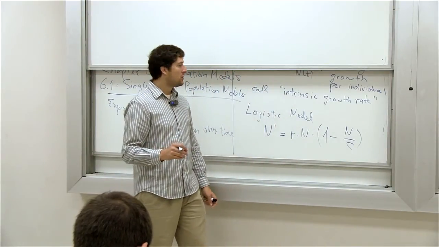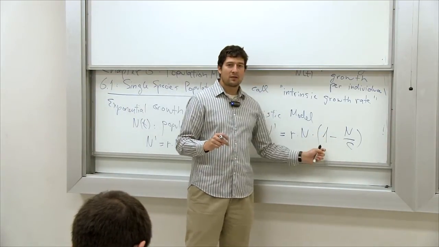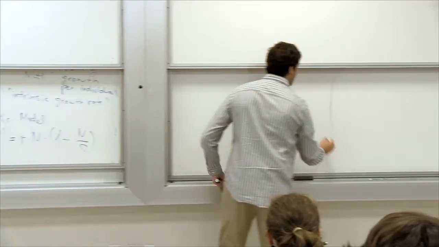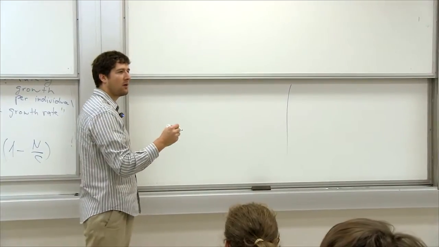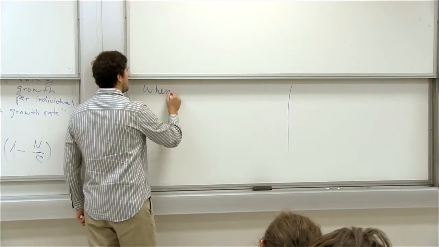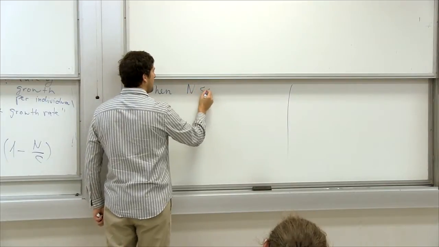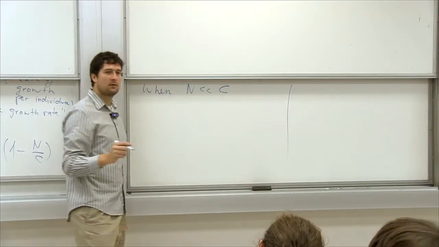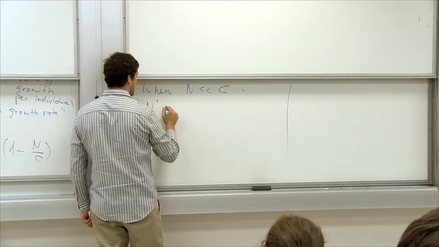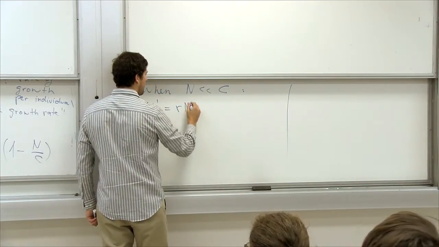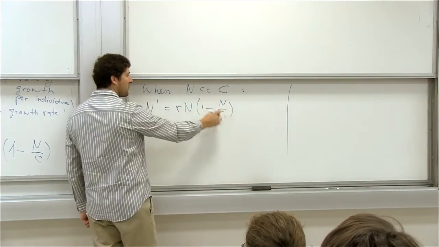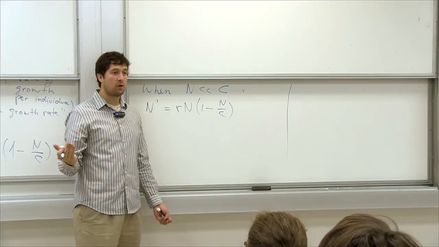Okay? So, this is a funny way to write it, but let's think about how this works. And I may have said this before. I'm not sure exactly how detailed we said this. When the population is small compared with C, okay, then this number, r n (1 minus n over C), n over C is small, right?